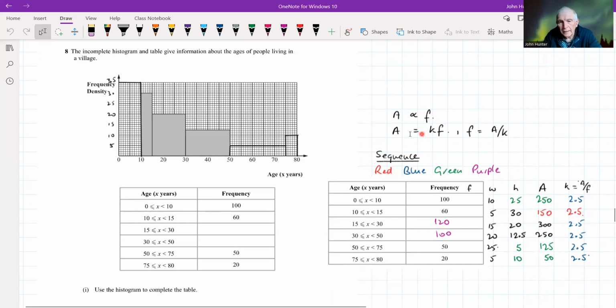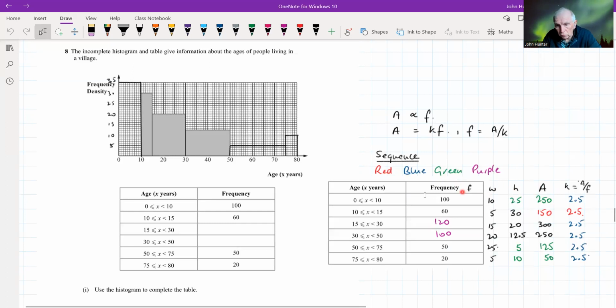Going back to what I was saying before, we can turn our proportionality statement into an equation if we put this constant of proportionality in. So A equals KF, and turning that around, the frequency equals A/K. All right. So the key thing here is we've got to find this K. And once we do that, everything else follows on from it.